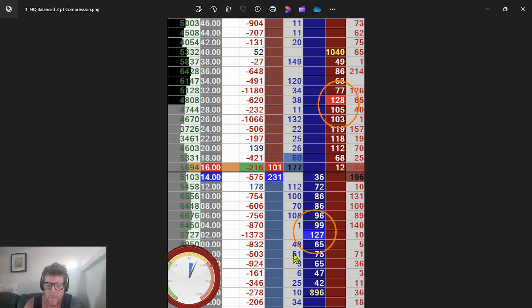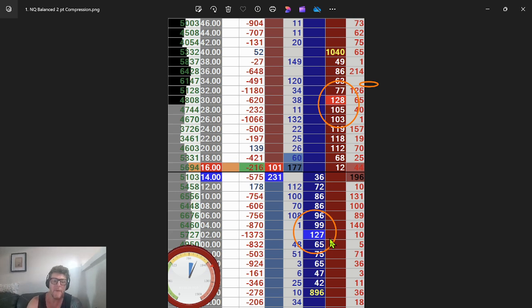So this is just a different view of what we were looking at on the heat map, a different DOM, and you can see we've got over 100 lots sitting there at, in this case, probably 5630, maybe 5602. Anyway, you can see this is on 1 point compression, so there are these two orders that are just sitting there and kind of mirroring as price goes along.